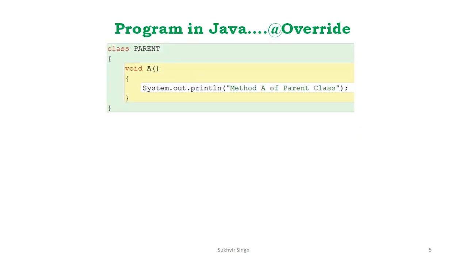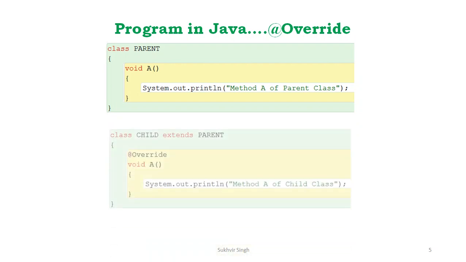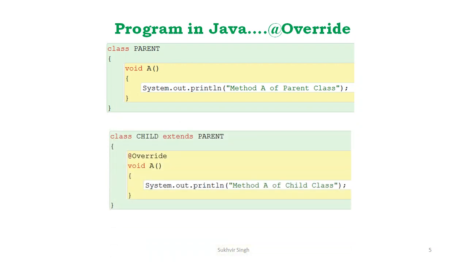To execute this inside the program, let's first design one parent class, with some messages inside method A of the parent class. Let another class be there, the child class, which extends the parent class.